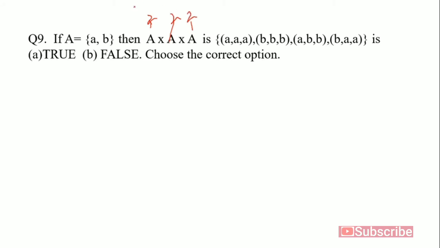Now these 2 will contain A cross A, 4 elements, isn't it? This is 4, with this A, 2. In all, how many elements should we have? 8, isn't it? But how many elements are given here? Only 4. So from this directly we can say that this statement is false, isn't it?